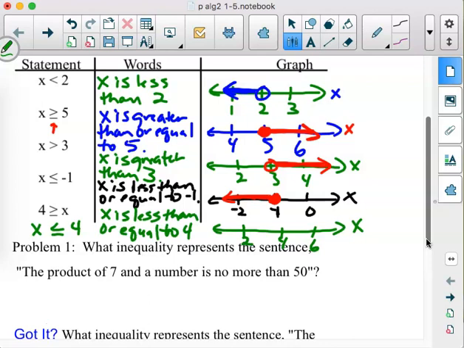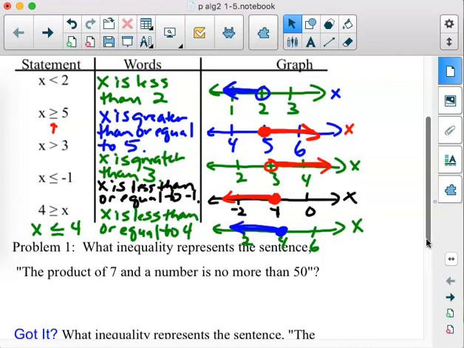And you can do that. Open or closed dot? Closed. Has an equals bar. Are we shading right or left? Left. Less than or equal to. Boom. Going that away. So now, that's a little refresher. We can figure out what they say, and then we can graph them from there.